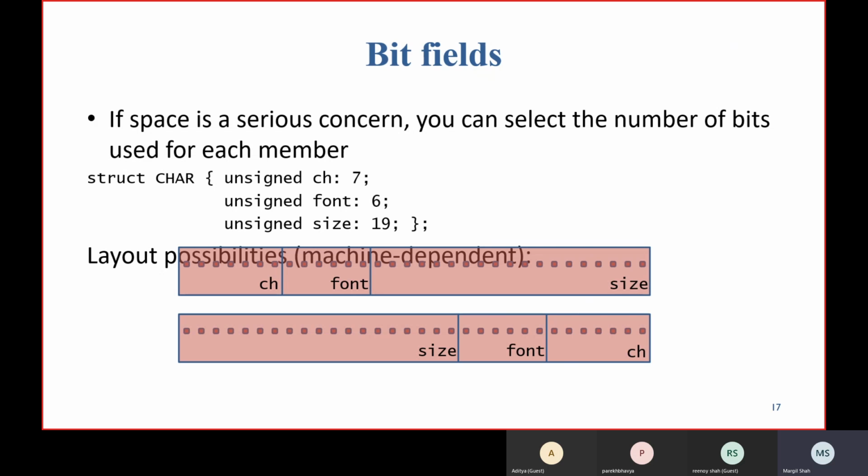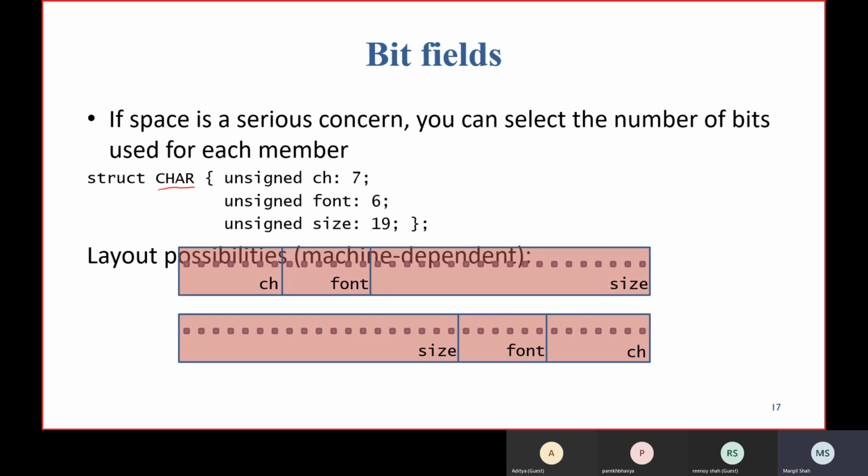So here structure character. See, this is not a data type now, this is a capital. So it's the name of a structure. So struct char, unsigned ch colon 7. Now please remember, whenever we are talking about bit field, it always works with integer only.